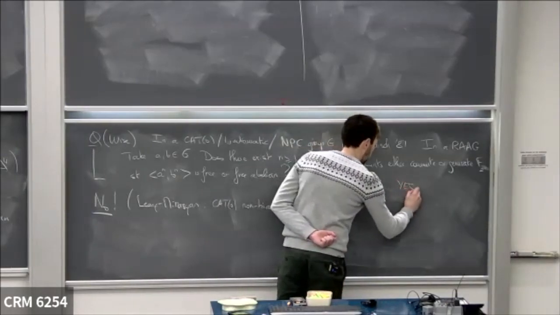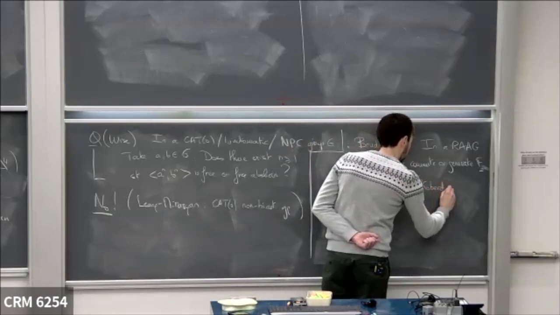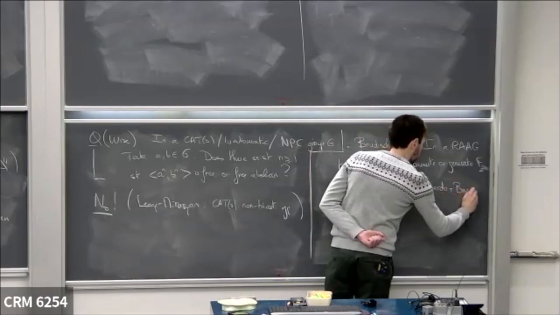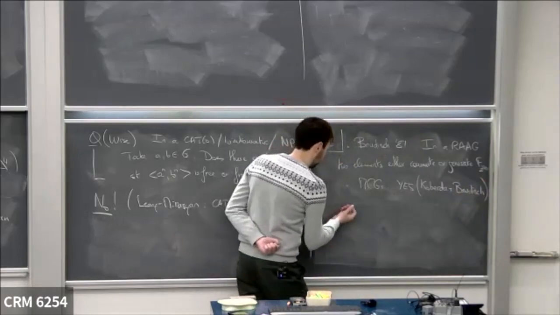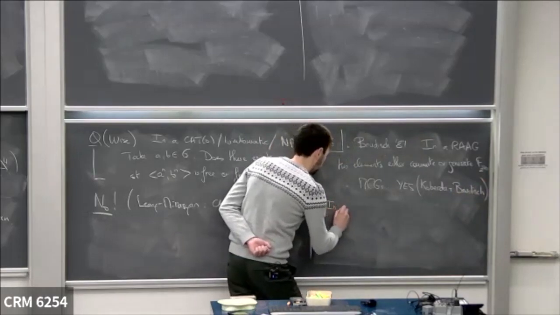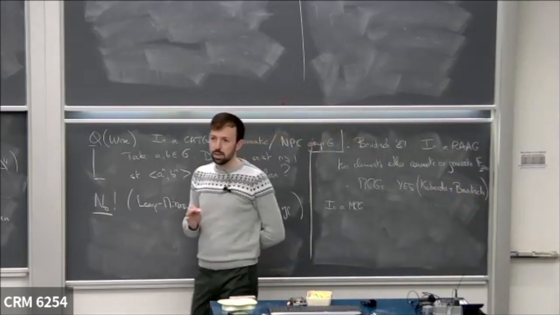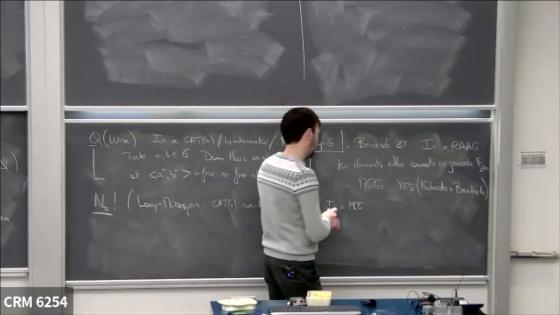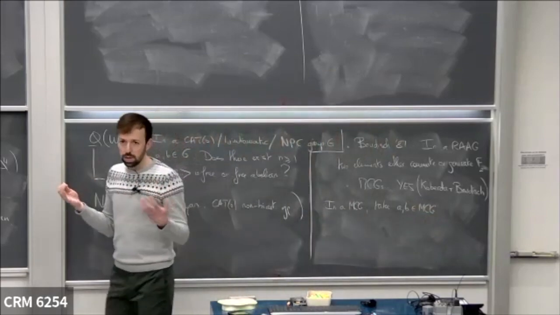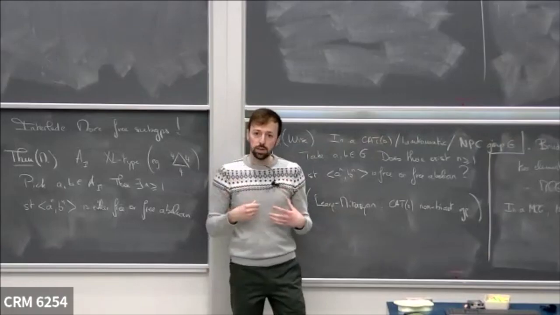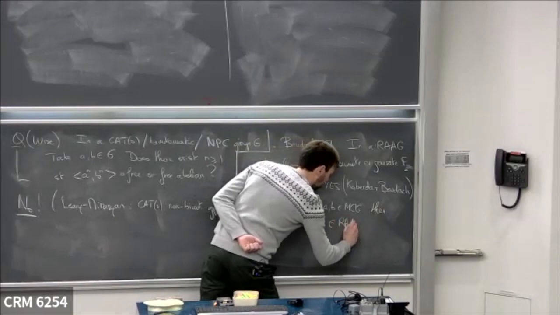The answer is yes, and this is due to Koberda plus Baudisch. Because Koberda proved that if you take two elements in a mapping class group, there's maybe, I can't remember exactly, maybe the non-exceptional mapping class groups, but let's say in a mapping class group, if you take two elements, then you can find large powers, a^n and b^n, that live inside a RAAG subgroup.